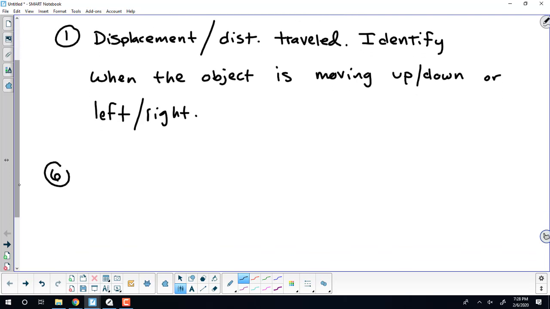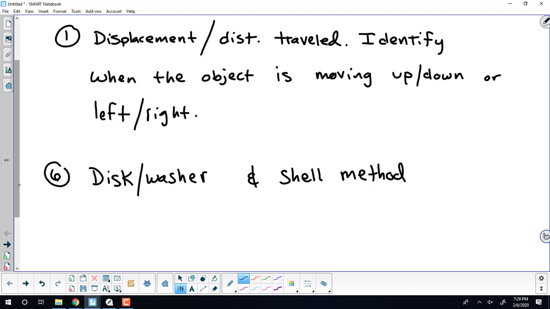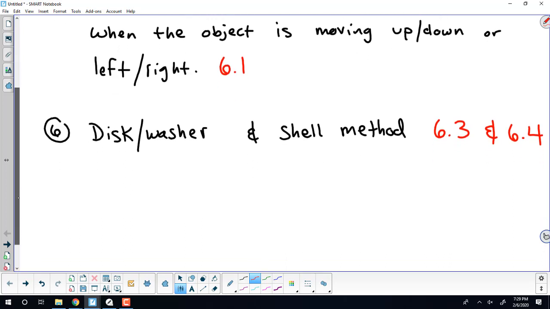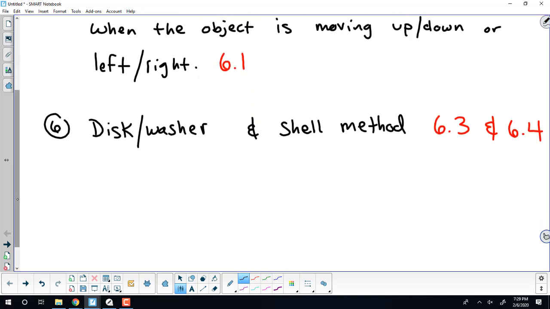There's going to be six questions over the disc or washer method and the shell method. This was, of course, from 6.1. This is 6.3 and 6.4. And for these 6 problems, the graphs will be provided.